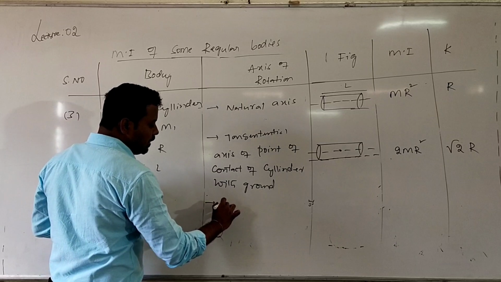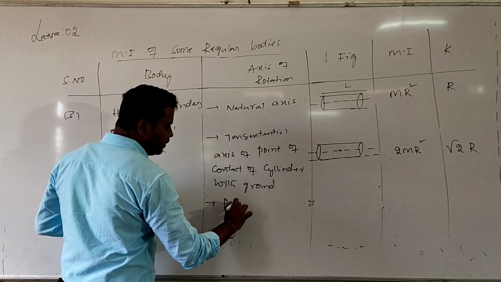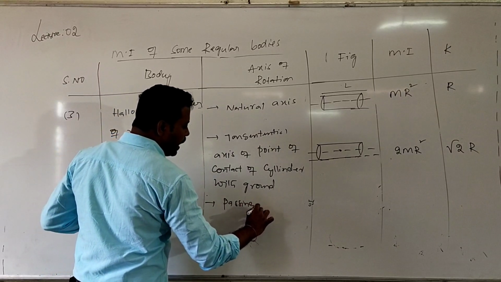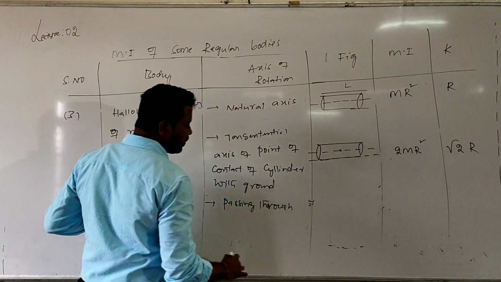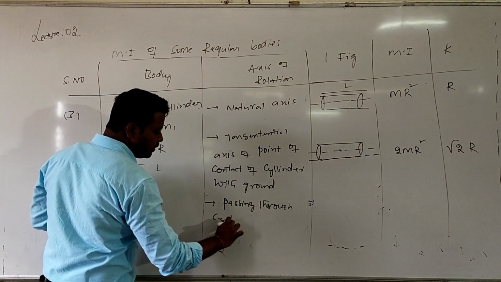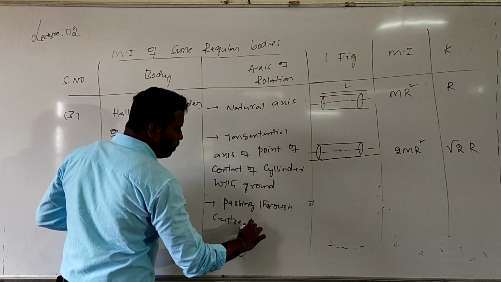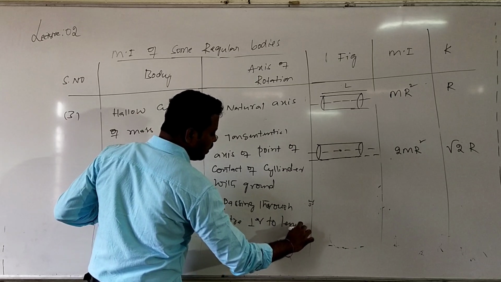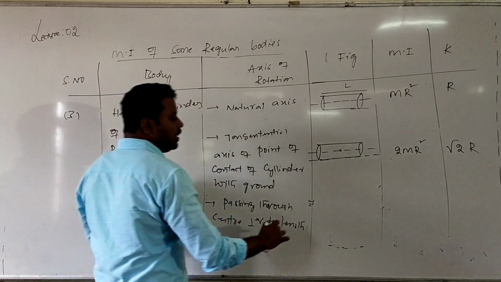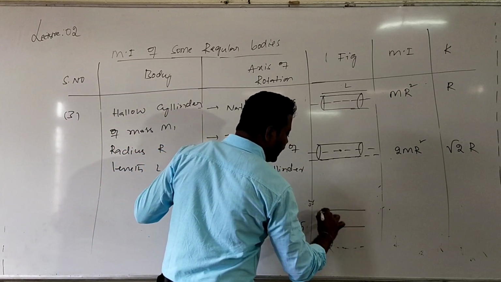Third, about an axis passing through the center and perpendicular to length. Then this is our hollow cylinder.